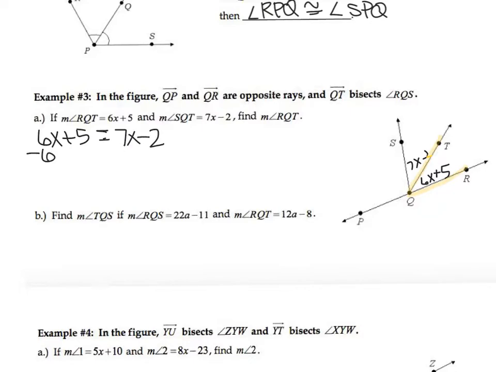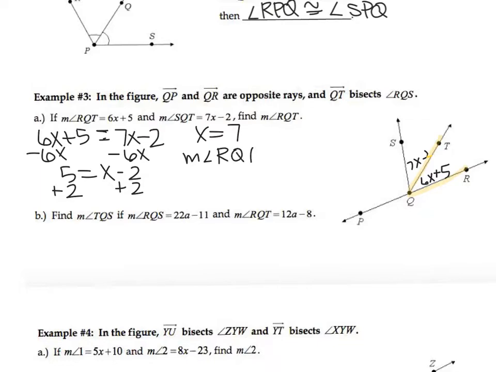I'm going to subtract 6x from both sides. So we get 5 equals x minus 2, then add 2, and we get that x equals 7. Now that we know what x is, we can find the measure of our angle. Remember, the measure of angle RQT is 6x plus 5.